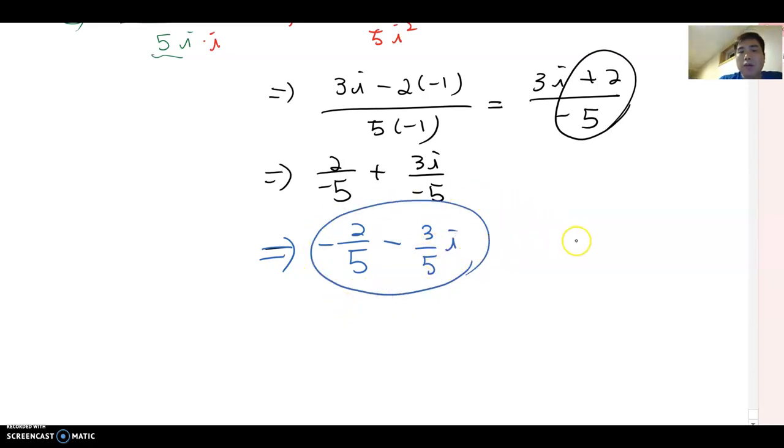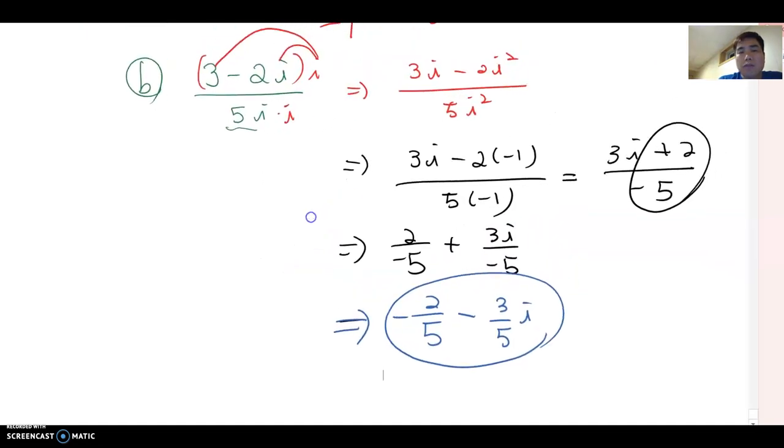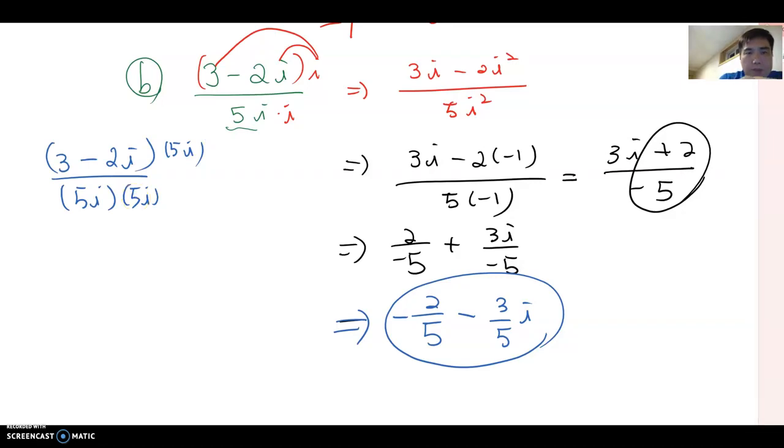Now I'm going to show you what happens if we multiply by 5i from here. So 3 minus 2i over 5i, and then we multiply 5i on both the numerator and denominator. Then this expression becomes 15i minus 10i squared over 25i squared.